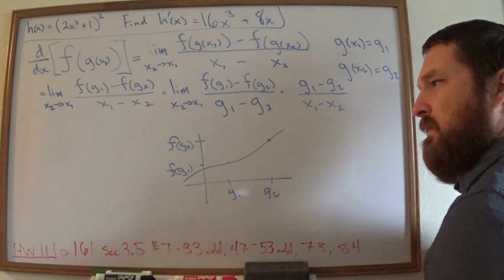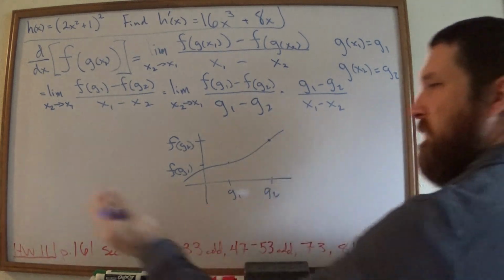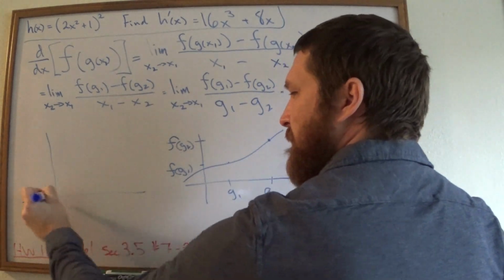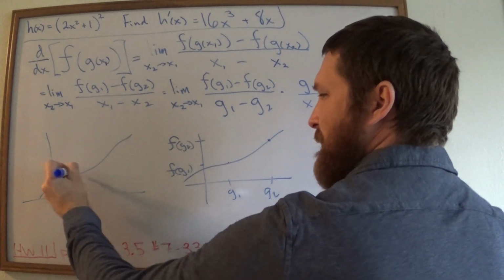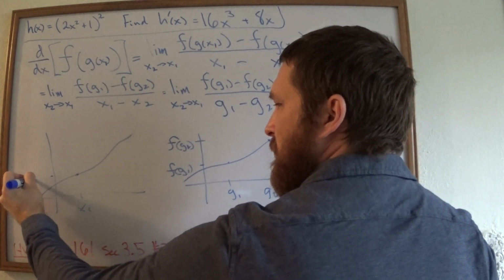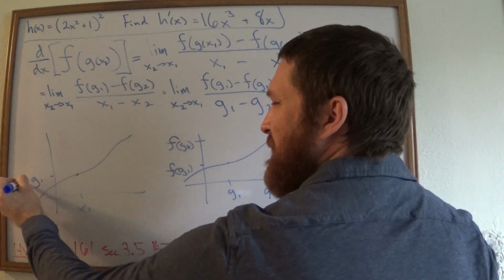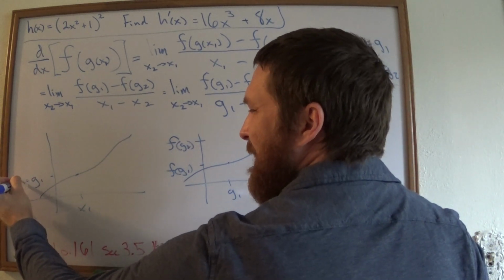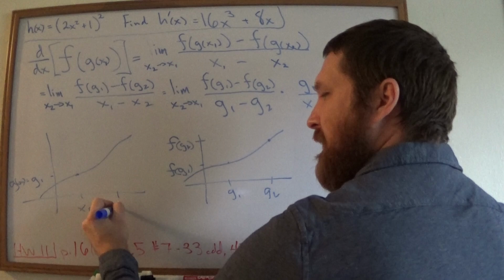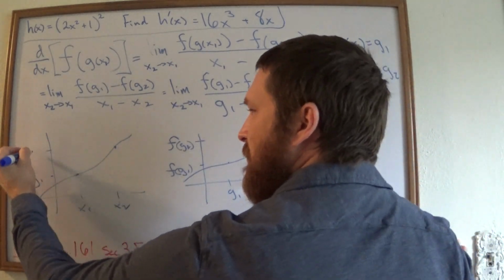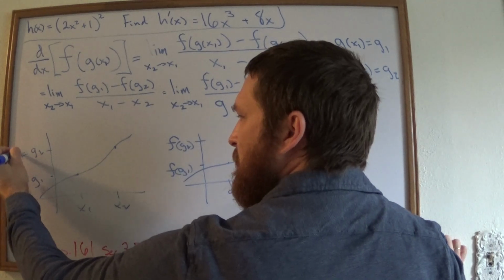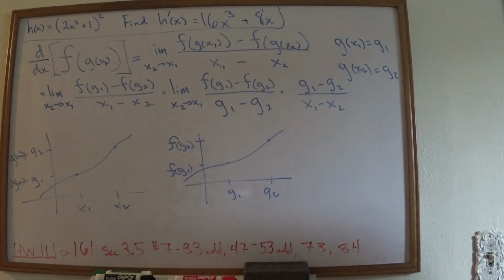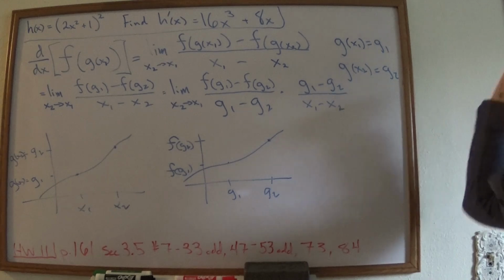And what's going on over here? Well, remember how we got that. This was my g function. I plug in an x1. Here's my g1, which is what you got when you plugged x1 into g, and x2 is what you got when you did this. There's your g2, g of x2.